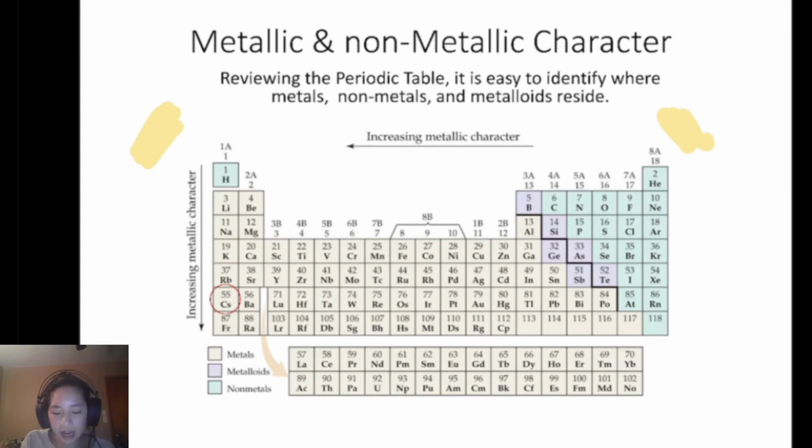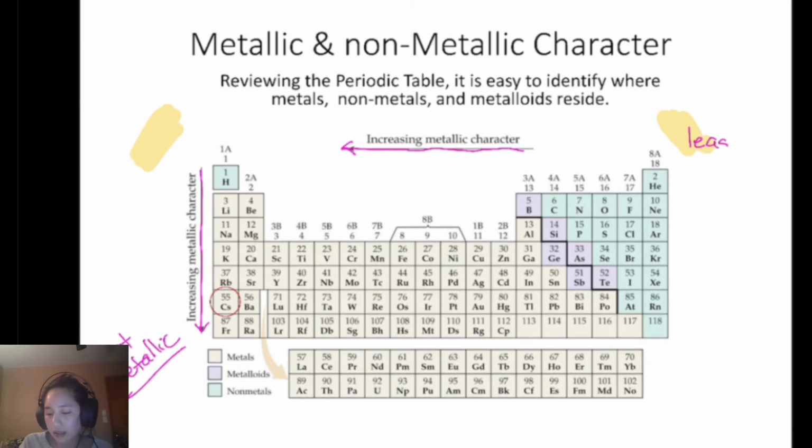So metallic behavior increases going from right to left on the periodic table, while metallic character also increases going down the periodic table. So if we look at the periodic table, this side where cesium is the most metallic, while the helium side is the least metallic.